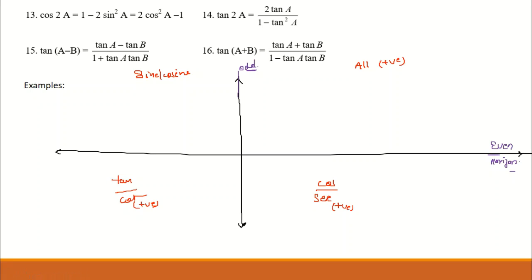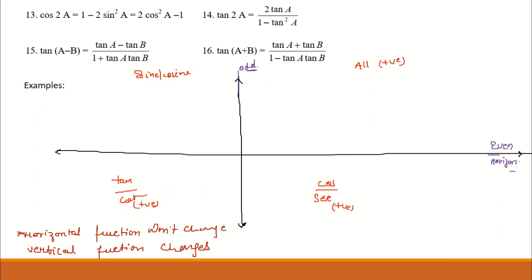Now you have to remember that if my angle is in terms of horizontal, then the function won't change, and if the angle is in the form of vertical, the function changes. बस ये दो चीज़ें हमें याद रखनी हैं, अब हम सारे एंगल्स कैलकुलेट कर सकते हैं.